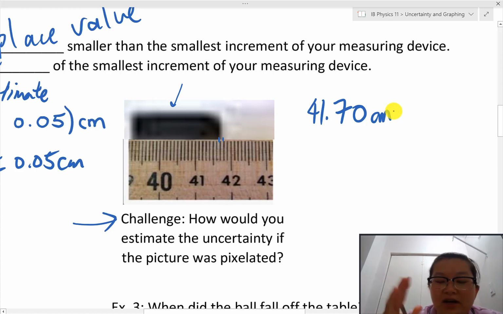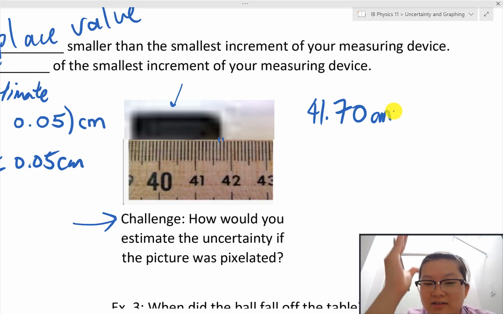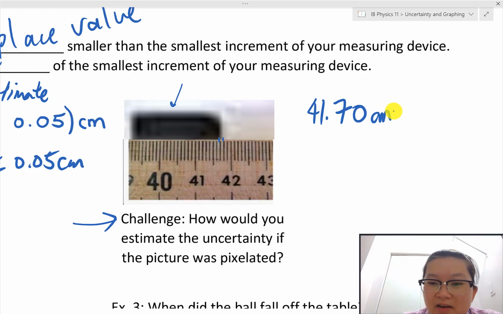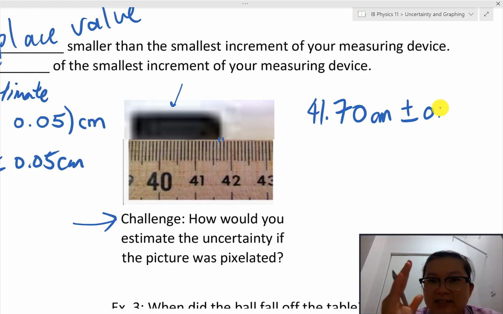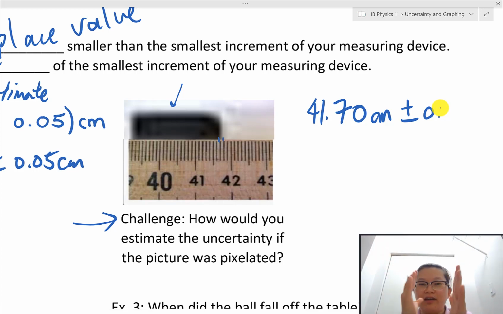Okay, so then my reading is going to be where I think my object cuts off at the ruler. Now, as for my uncertainty, that might have to depend on where my fuzziness lines are and looking at the range of what that looks like. So it's definitely not going to be 0.05 like in the previous example.